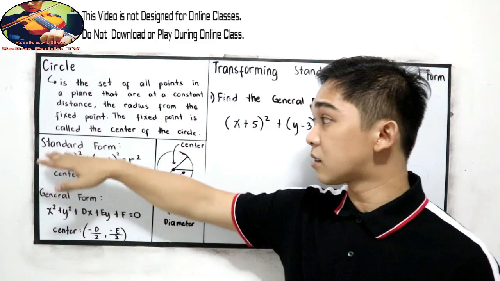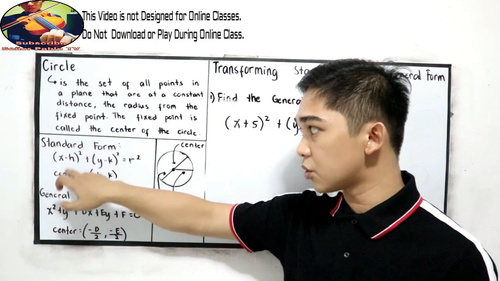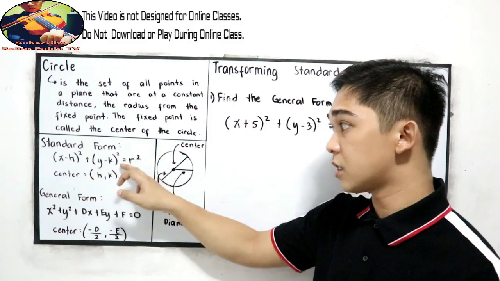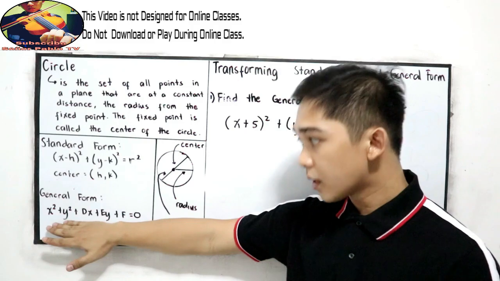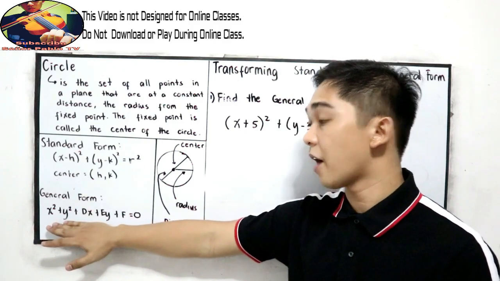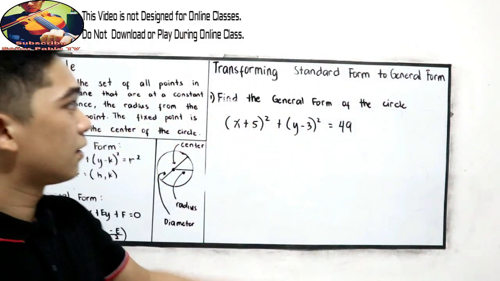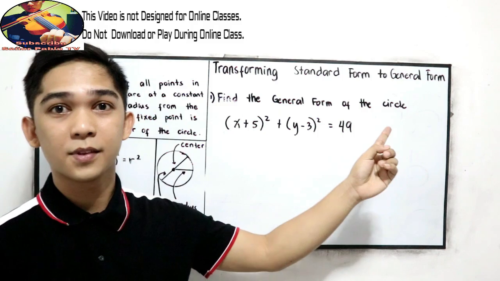Let us recall the standard form is quantity x minus h squared plus quantity y minus k squared is equal to r squared. And the general form, x squared plus y squared plus Dx plus Ey plus F is equal to 0. Our lesson, transforming standard form to general form.